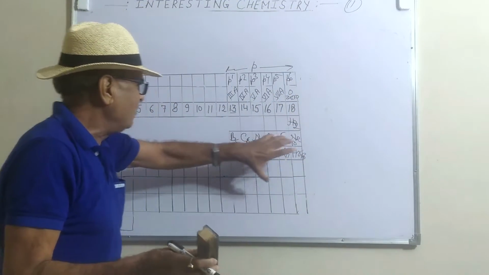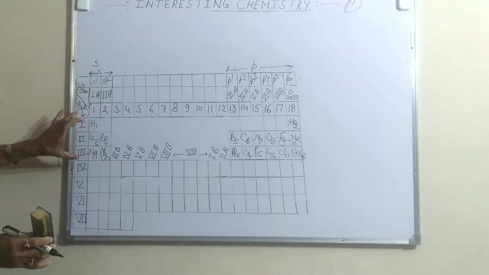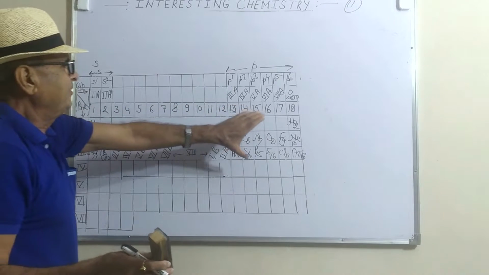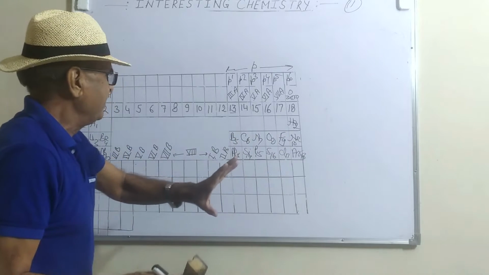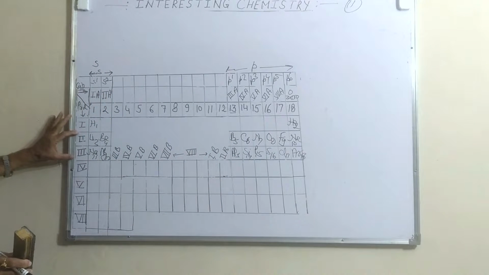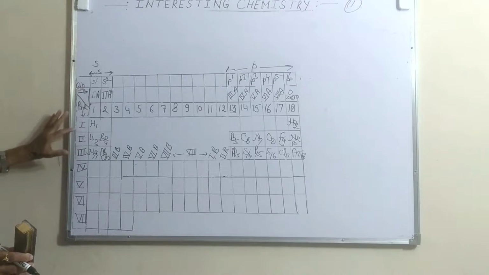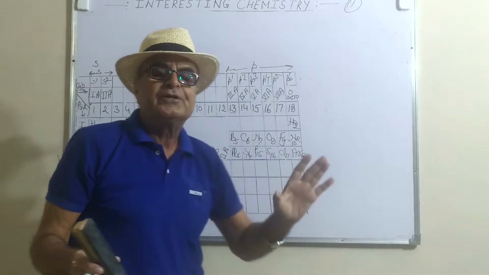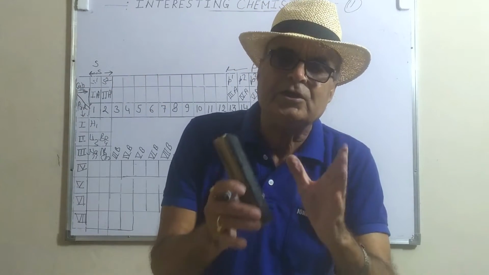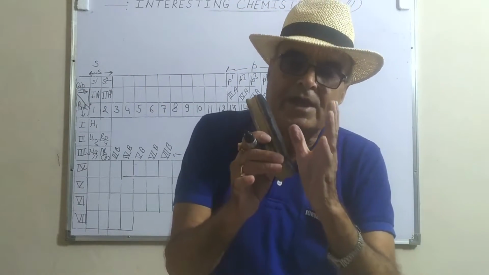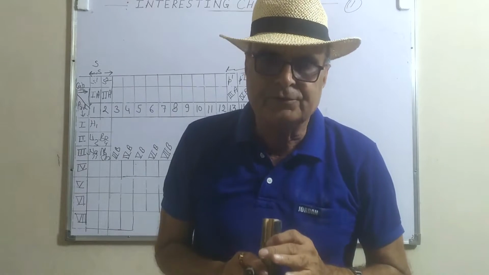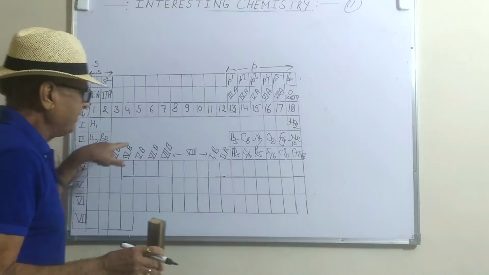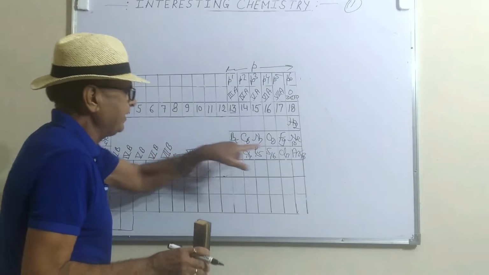Now you know well the place of these 18 elements in the modern periodic table. Now think about the second and third periods. The second and third periods each have 8 elements: 2 and 6, 8 electrons.